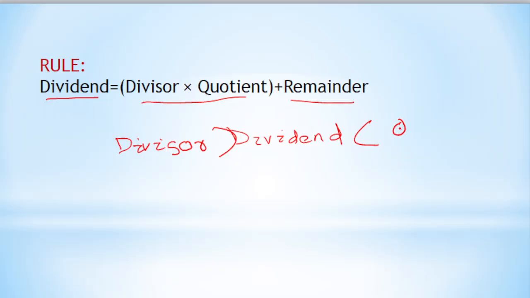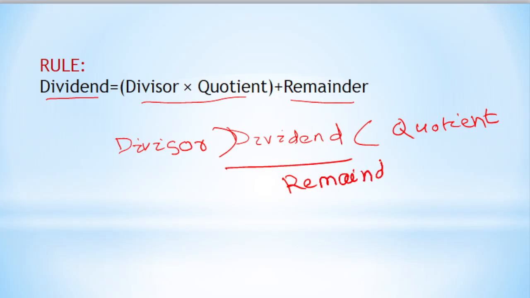This is quotient. This is remainder. Now this dividend is divisor into quotient plus remainder.